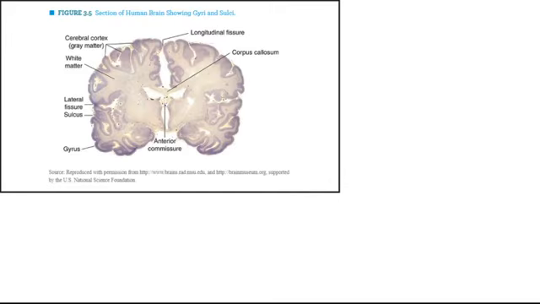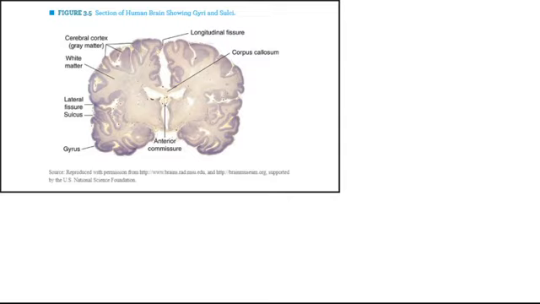And so if we look at our image here again, we see those outer parts, the cerebral cortex, that's our gray matter. The inner parts, that's the white matter, that's where the axons are moving information around. And then we have lateral fissure, longitudinal fissure. The lateral fissure is a deep crack on the sides of our brains.